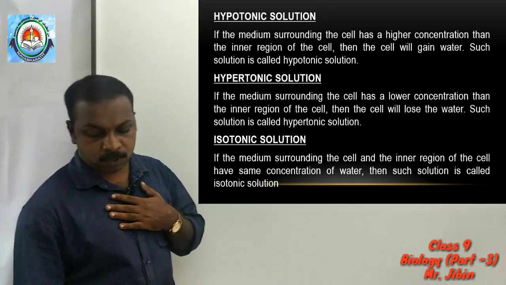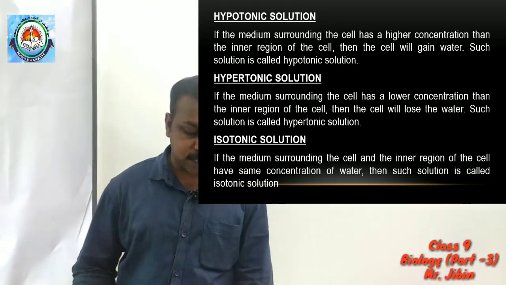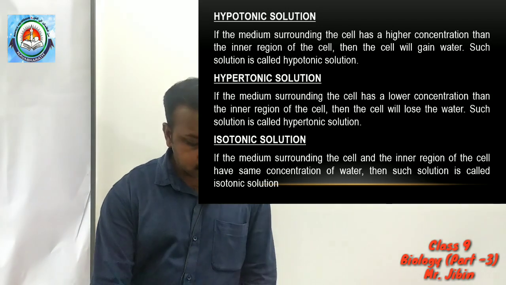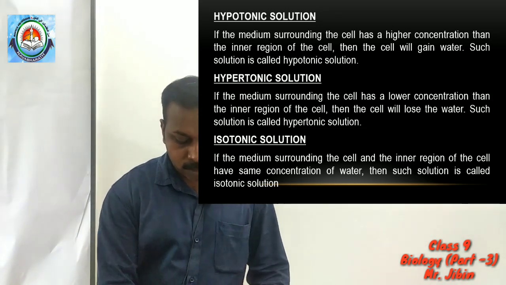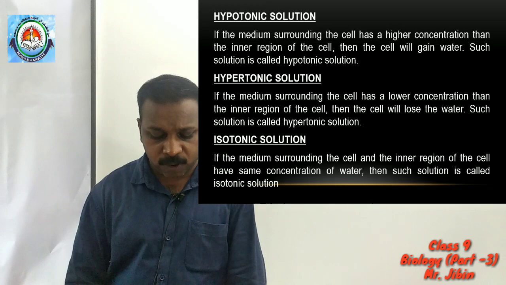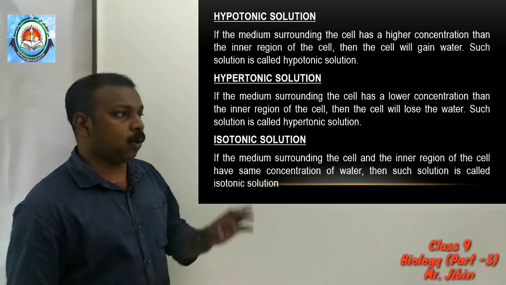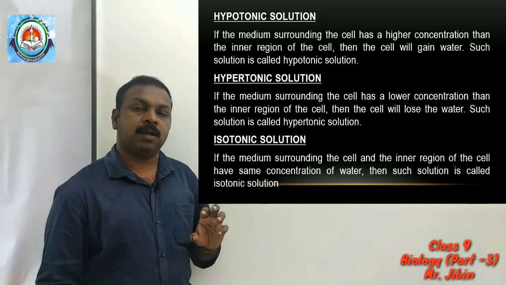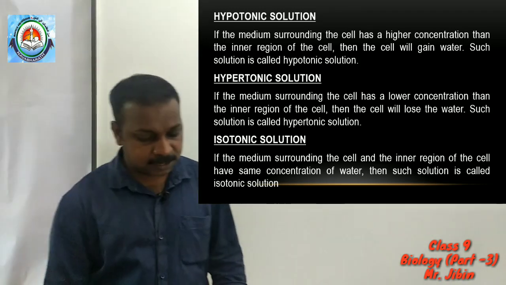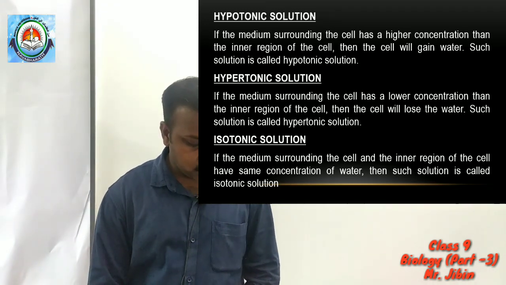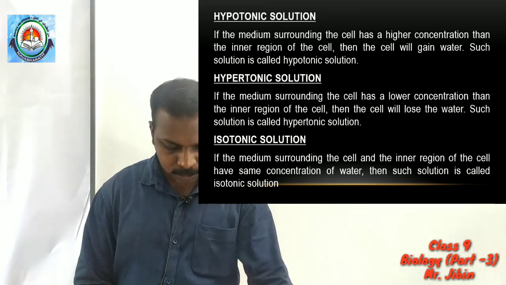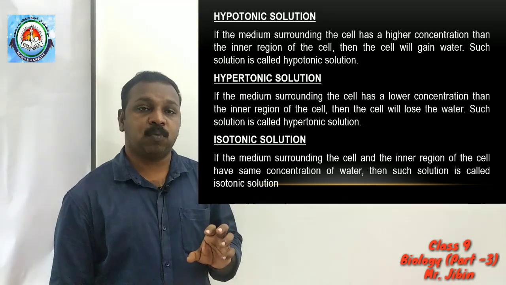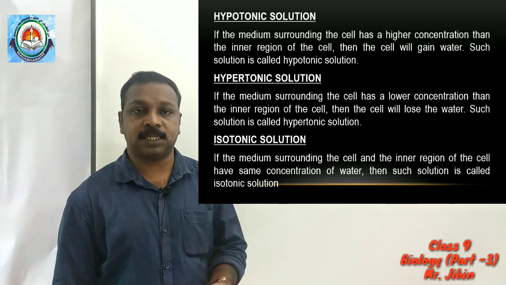One more point that we have to discuss is plasmolysis. What is called plasmolysis? Plasmolysis is the process in which the loss of water takes place from a plant cell or from a cell.